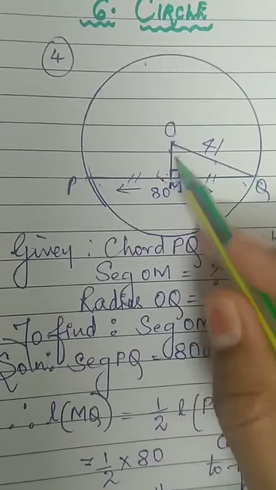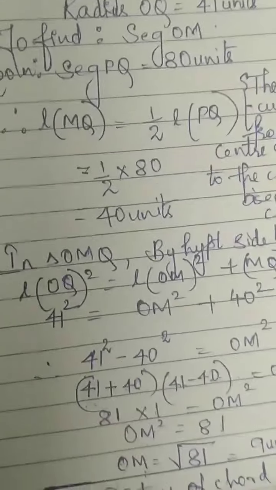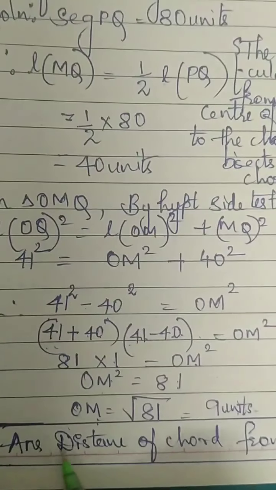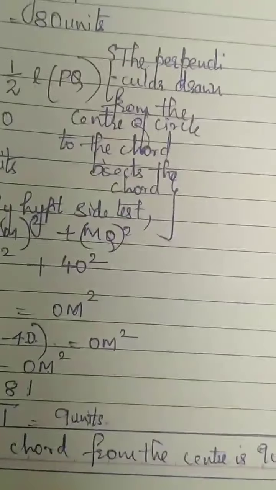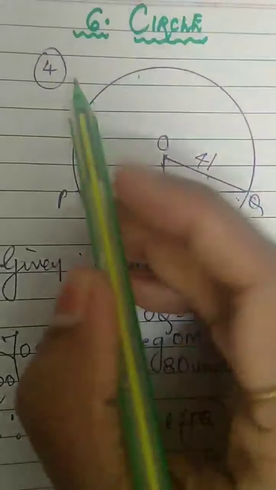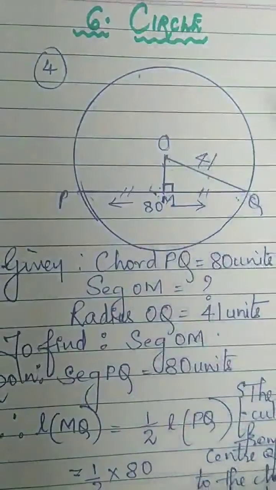So how much is that OM? 9 units. So final answer, please write it in the form of a sentence as asked in the question, and highlight it and get your marks, 3 to 4 marks easily. So that was a very easy sum number 4 of practice set 6.1.